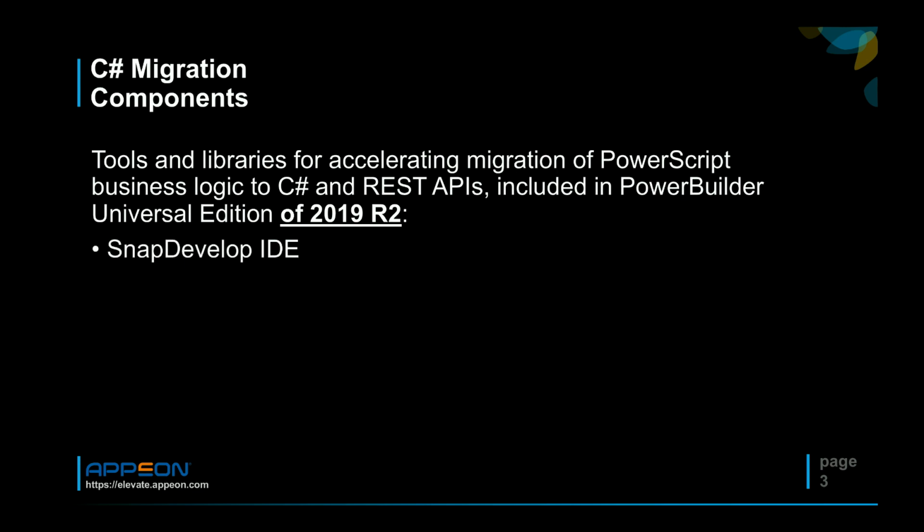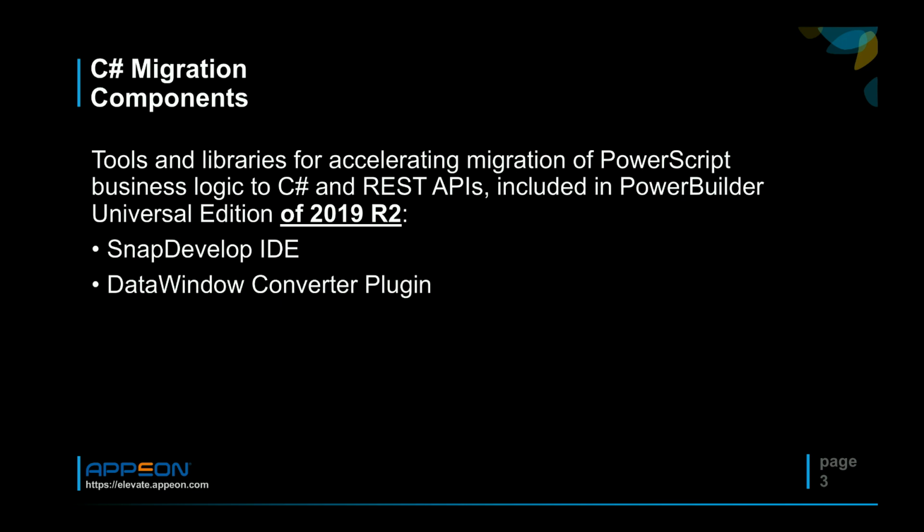Now, the tooling is built on top of the SnapDevelop IDE, so that is required, and the SnapDevelop IDE is included in all editions of PowerBuilder. But the PowerScript Migrator is a plugin on top of that because it's doing the conversion to C#, so we need a C# IDE.